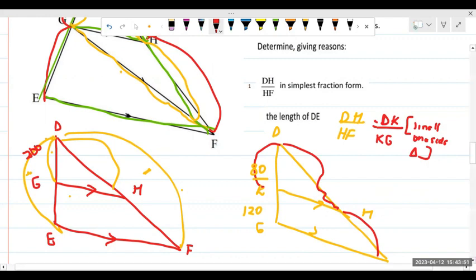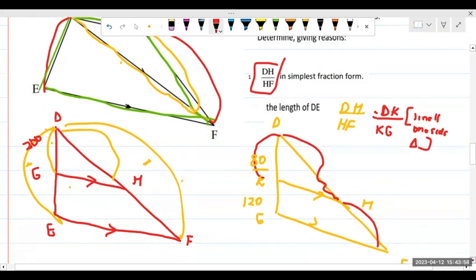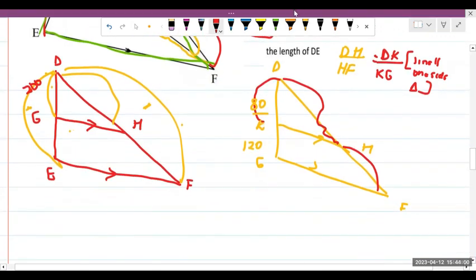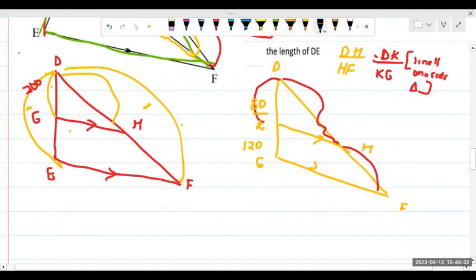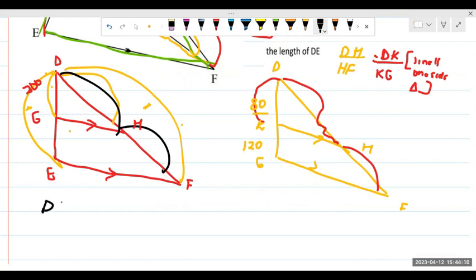Now this is not the only way I can get this ratio. I can also get this ratio from this other triangle that I have. If I use this triangle here, then I'm going to say DH all over HL. Still using the same principle, because they're parallel lines here, this is going to be DH all over HL.